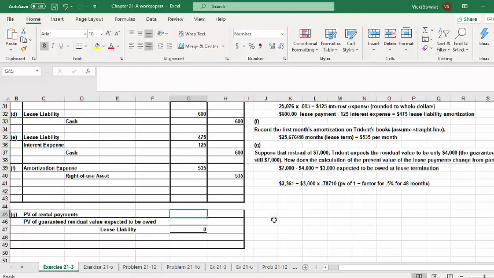So our lease liability would include the present value of the rental payments and the present value of the amount that we expect to owe at the end of the lease period for that guaranteed residual value. So instead of only recording $25,676 as the lease liability and the right of use asset, we would need to record $28,037. And that is the conclusion of the demonstration for exercise 21.3b.